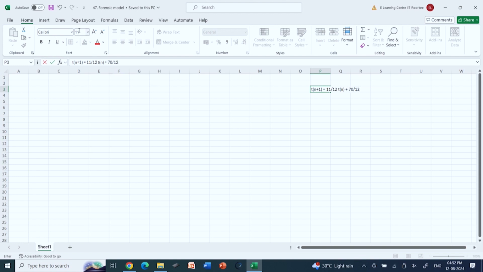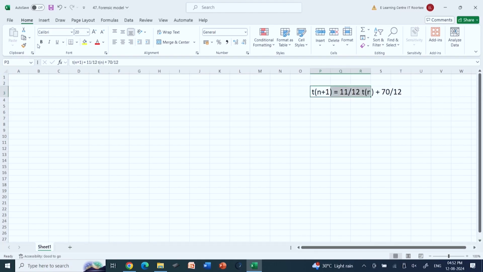If I want to change the font size, make it 20, and I make it bold. So, this is the equation which shows a cup of coffee is kept in a room and we want to see in the long run at what temperature the coffee becomes.